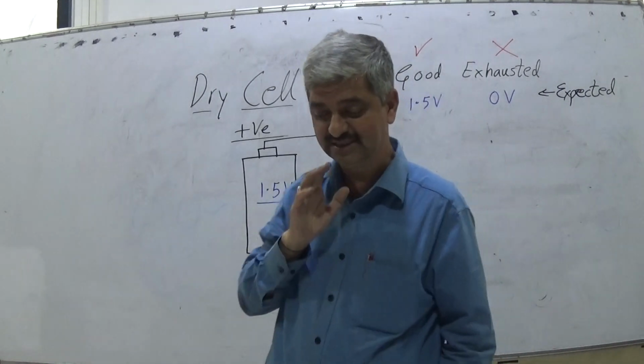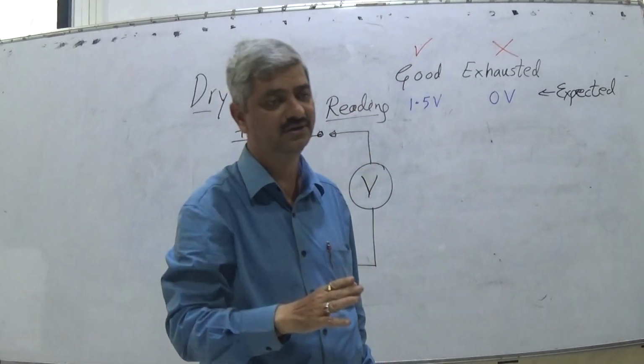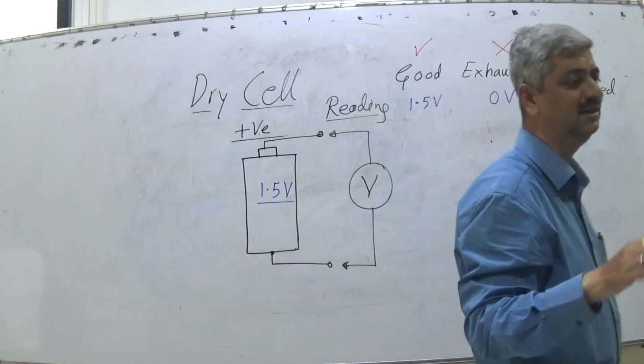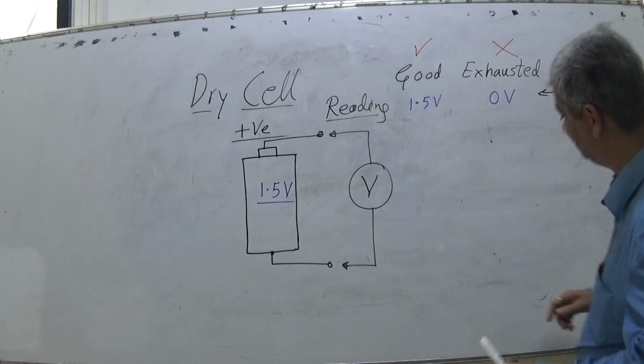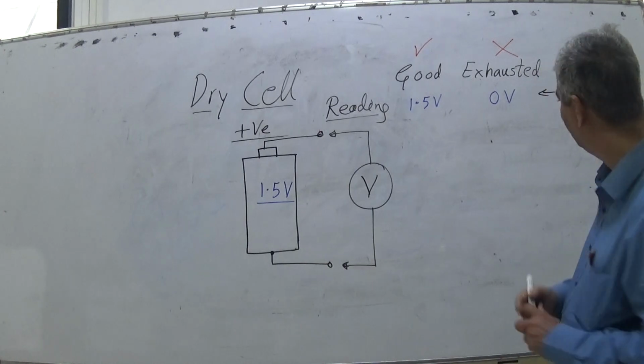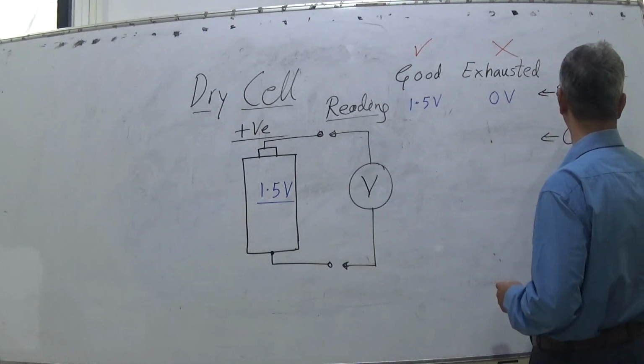Whereas this expectation is wrong. Whatever reading we get is not as written there. For a good cell, we get 1.5 volts. This is expected and this is what is observed.